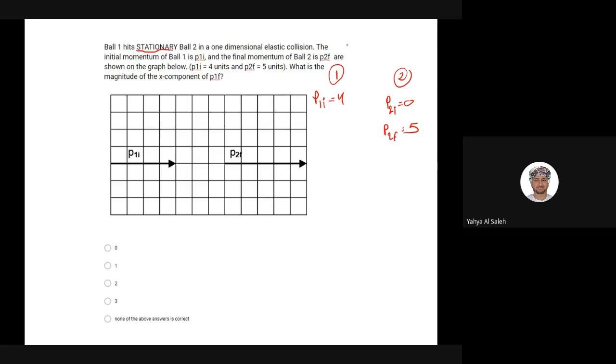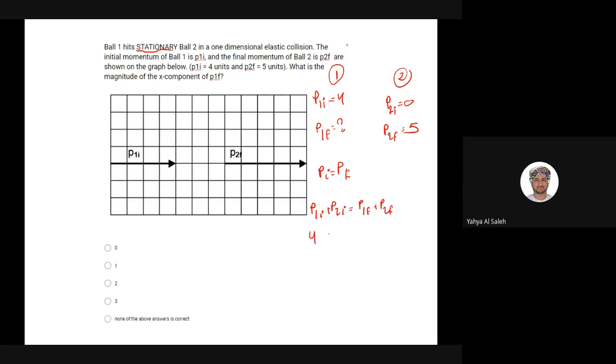Well, we know that Pi equals Pf. P1I, now apparently there's an x-axis and a y-axis. Okay, we want to know what is P1F. So P1I plus P2I equals P1F plus P2F.